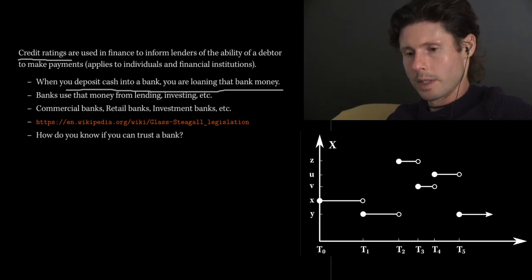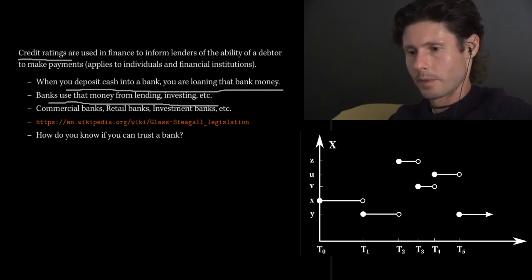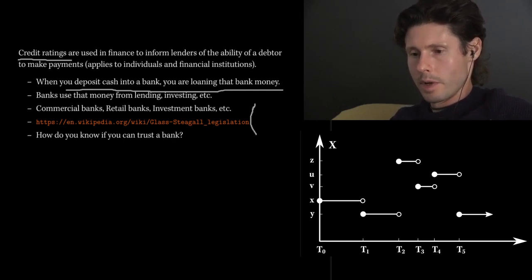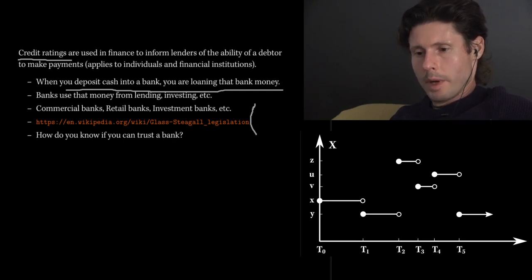Of course, in the meantime, when that money is sitting in the bank, those banks use it for all sorts of activities, lending, investing, all sorts of services, and so on. If you're interested in banking, I would suggest you start at looking at the different types of banks that are out there. So I've listed the 3 major categories. I think there are a few others, but this is the nuts and bolts of banking. So that's covered by commercial, retail, and investment, and all of them are subject to different rules and regulations.